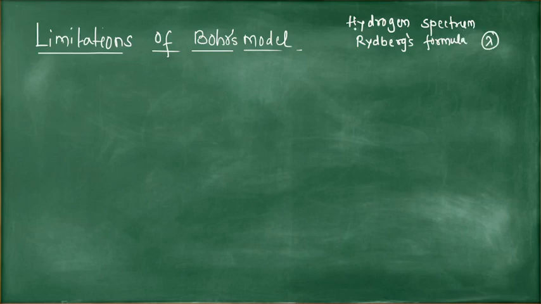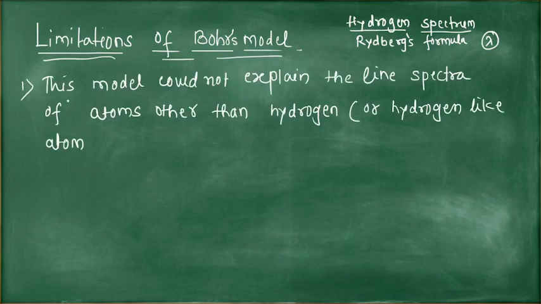The Bohr atomic model very well explains hydrogen spectrum, but still there are limitations of Bohr atomic model. So what are these limitations? We will see one by one. This model could not explain the line spectrum of atoms other than hydrogen. सिर्फ हाइड्रोजन के लिए बोर का मॉडल सही था.